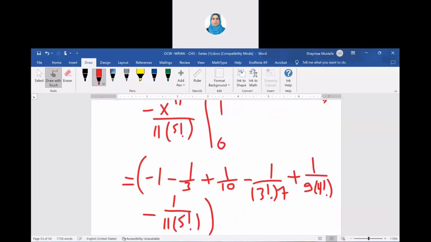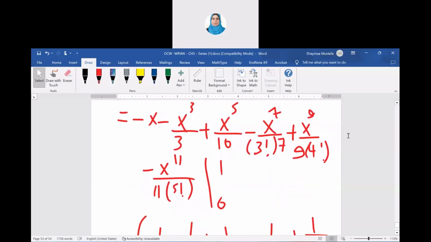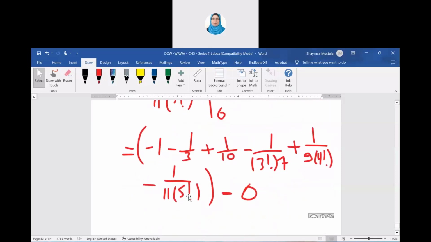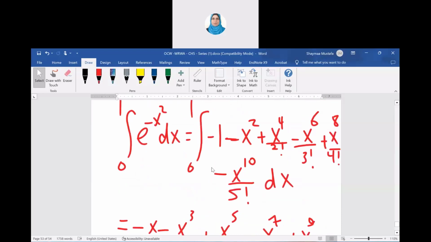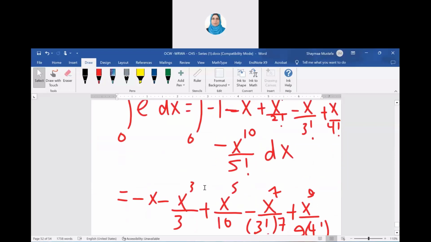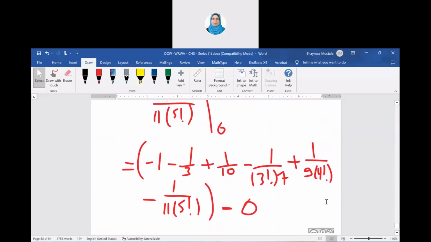This is when x equals 1, minus 0, because when x equals 0, all terms are 0. You need to evaluate this using the calculator, I think until 4 decimal places. They didn't mention, so 3 or 4 decimal places is okay.